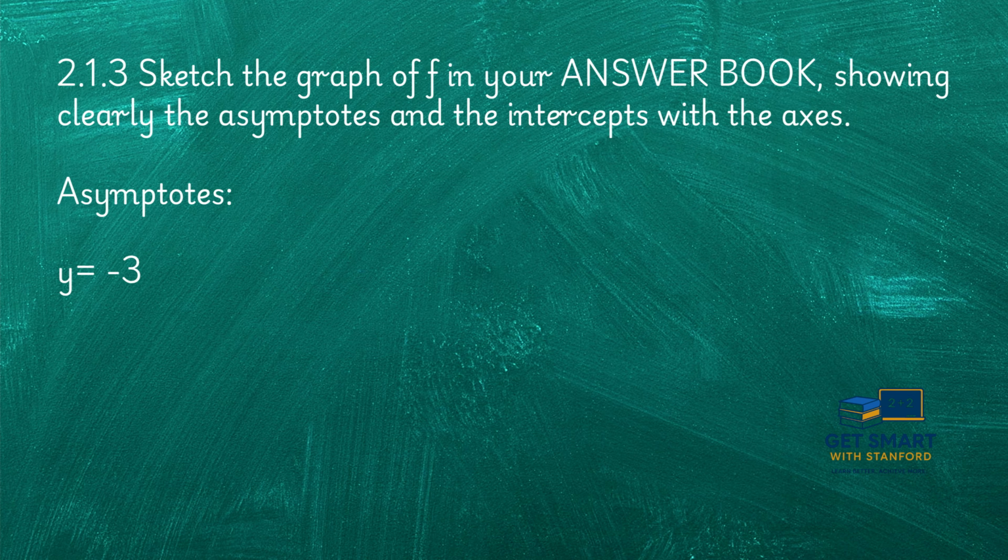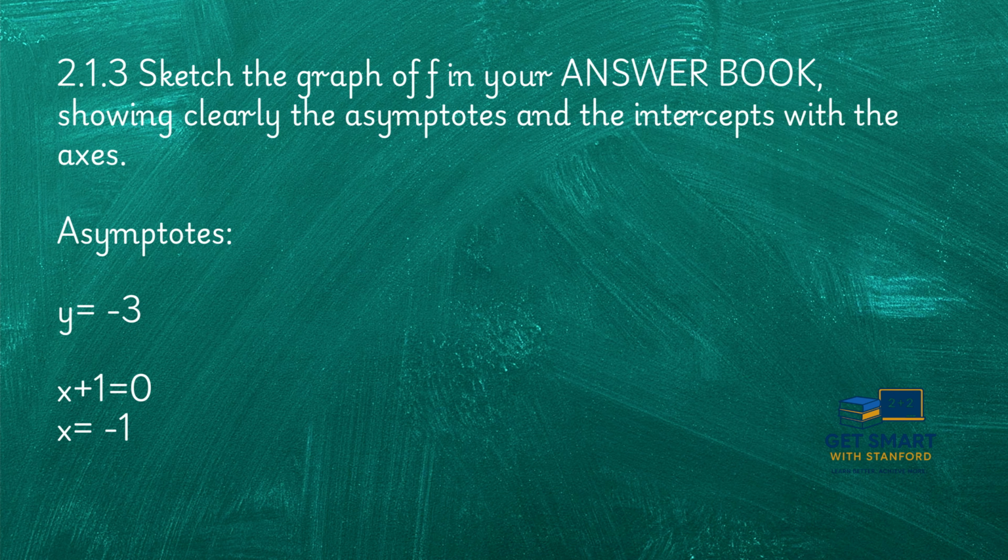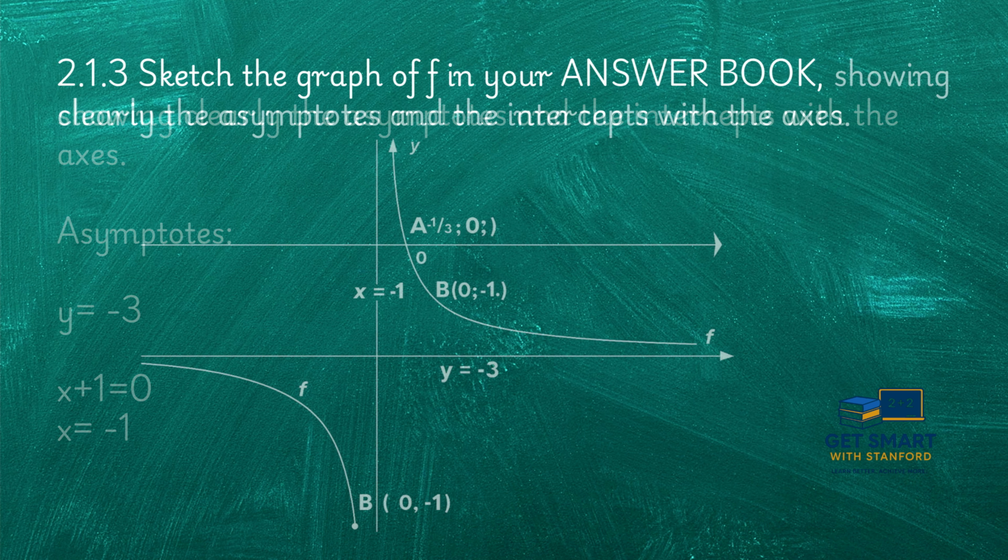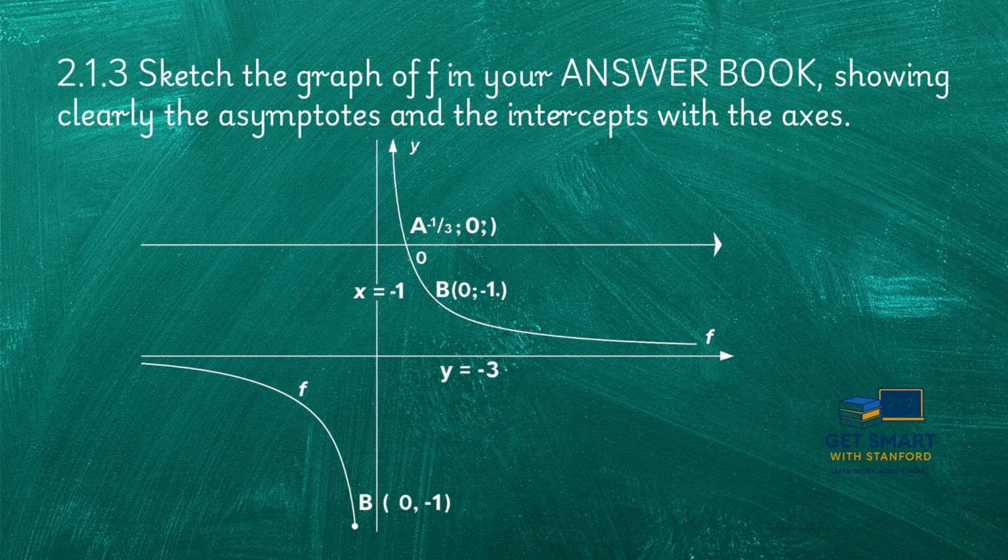To find the asymptote of x, we take x + 1, the denominator, and equate it to 0, where x equals -1, which is the vertical asymptote. And this is the required sketch. Look at it carefully and compare to whatever you would have done and do some corrections where necessary.